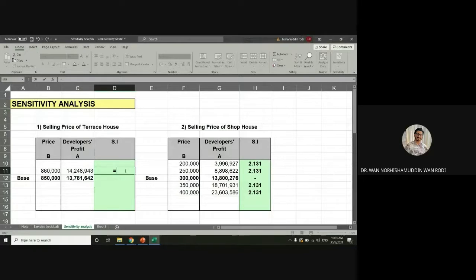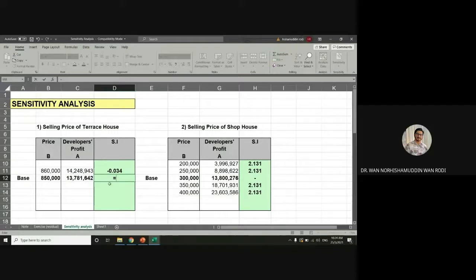First you have to find the percentage change in variable A and the percentage change in variable B. Percentage change in variable A is A base minus A, divided by A base. We'll get negative 0.034.